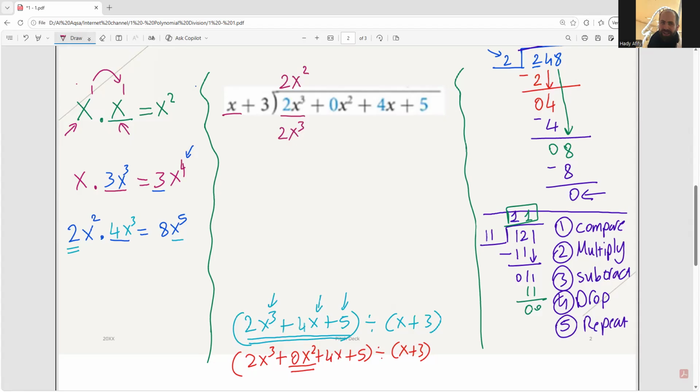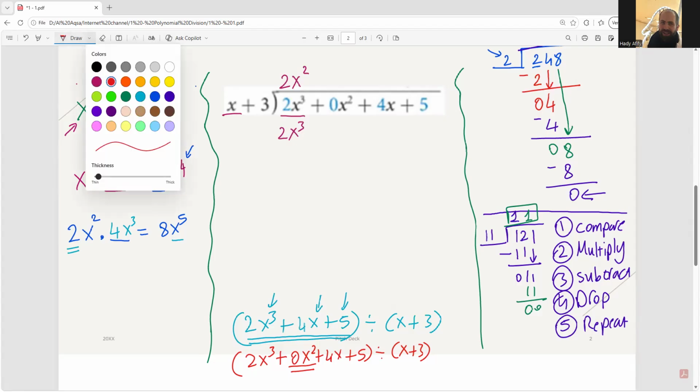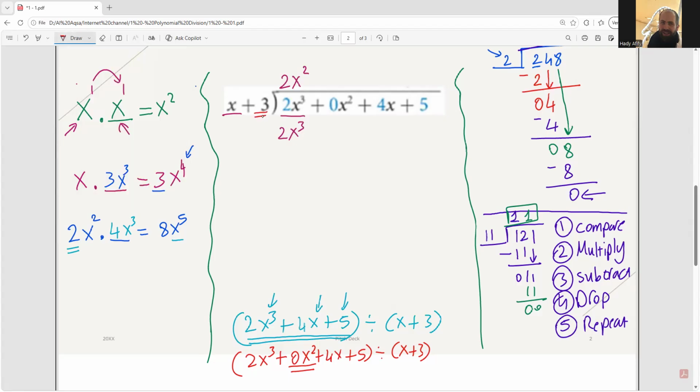So what about the 3? This is actually something new, something that you haven't encountered in the usual long division problems. In this case, you're going to continue with the multiplying stage, and you're going to multiply 3 by 2x squared, and you're going to get 6x squared. And then we have finished the multiplication phase.